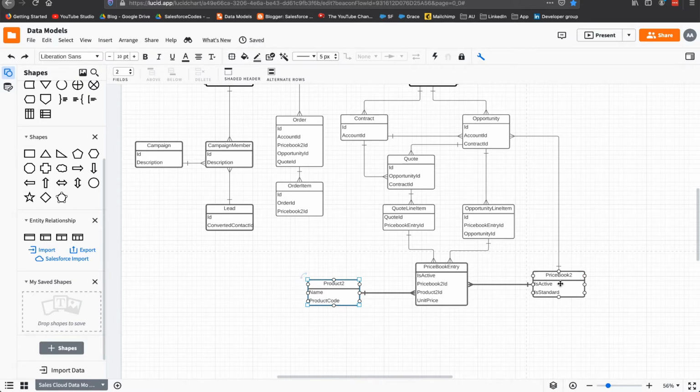And a price book is basically a menu card. For example, like a restaurant menu card, it will be the prices of all the products that you are selling.